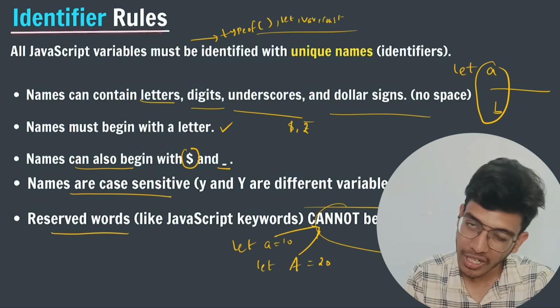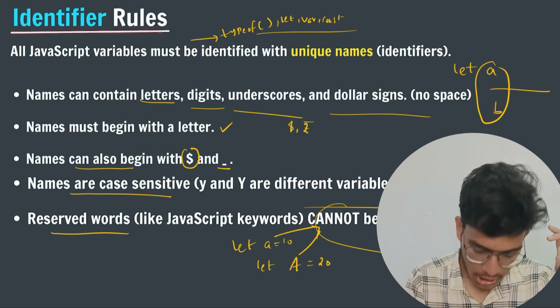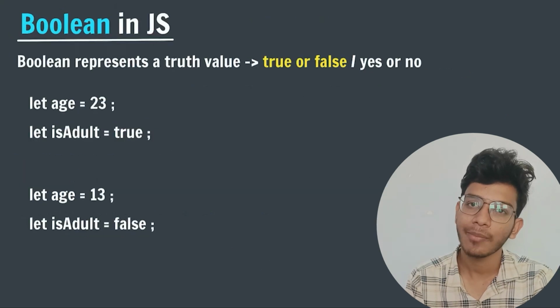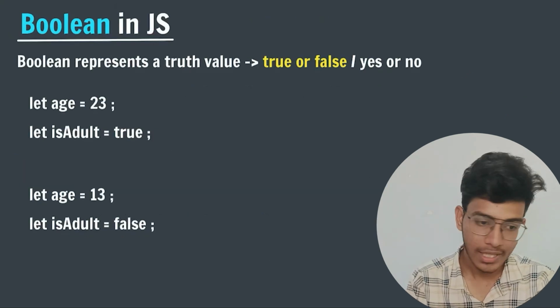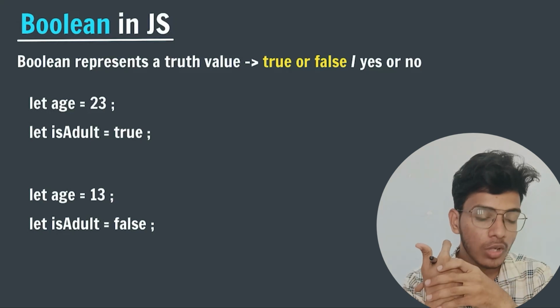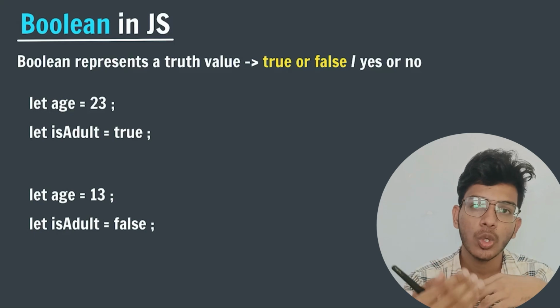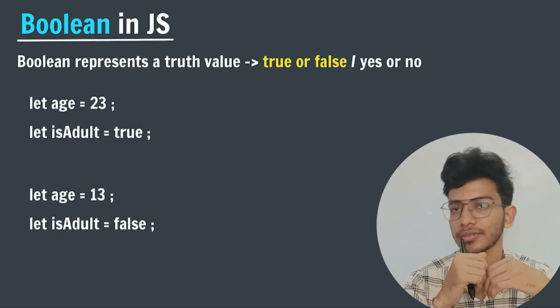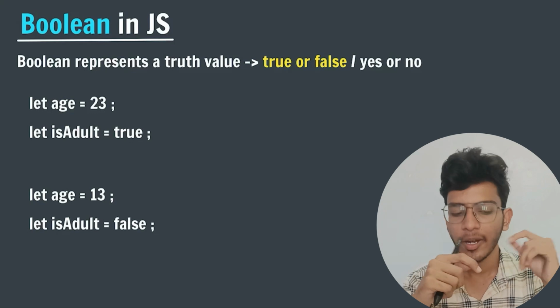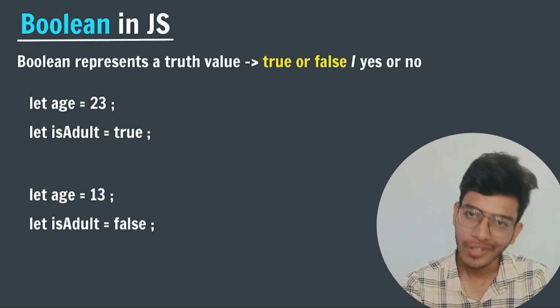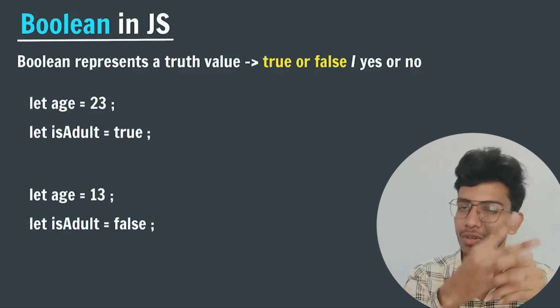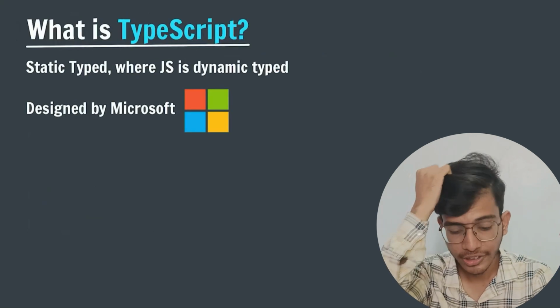Like this we have different inbuilt keywords and we cannot use them as variable names. Now the next thing is Boolean. So Boolean is used to represent whether a thing is true or false. And we already know how Boolean works. We can store in a variable whether one thing is true or false.